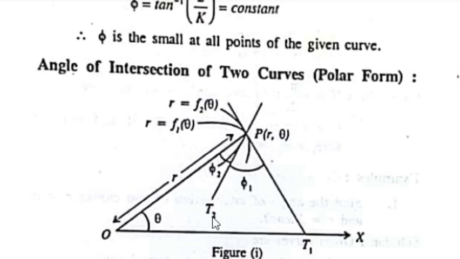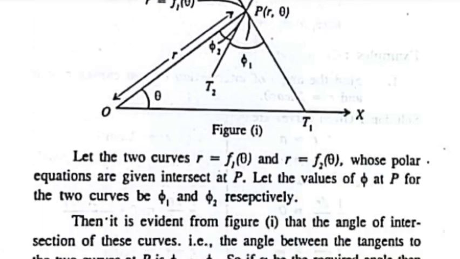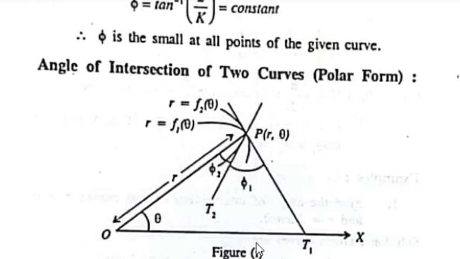Now we have to find the angle of intersection of two curves. This is the angle of intersection of two curves. This whole angle is nothing but the angle between the radius vector and the tangent t1, so this is phi 1, and phi 2 is the angle between the radius vector and the tangent t2.